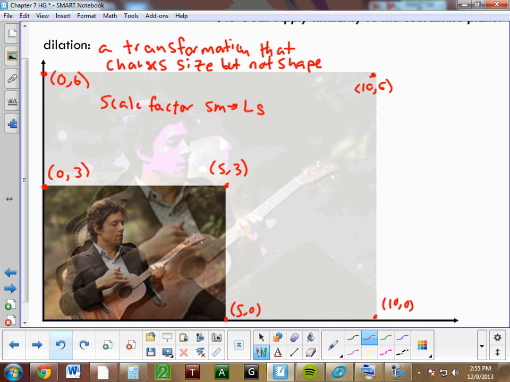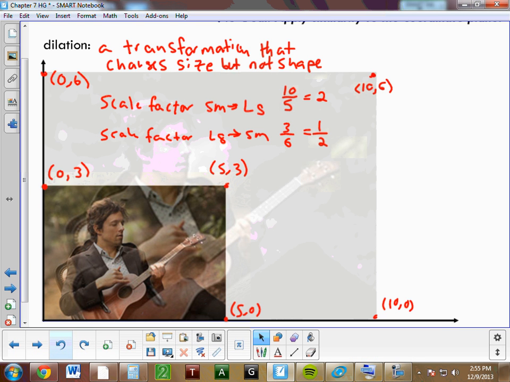My large one is, for example, 10, and that corresponds to the 5 on the smaller one, which would equal 2. The scale factor for large to small, if I look at a different one, 3 to 6, equals 1/2. So that's a scale that you can multiply by the coordinates to show that they get bigger or smaller.